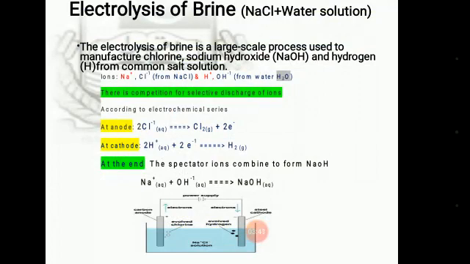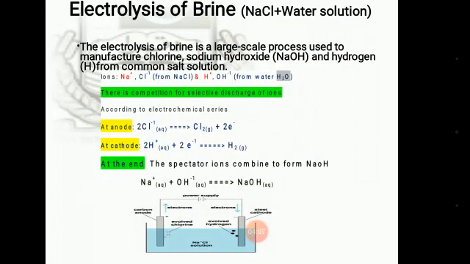The electrolysis of brine is a large scale process used to manufacture chlorine, sodium hydroxide and hydrogen gas from common salt. There are four ions: two ions from sodium chloride, sodium ion and chloride ion, and two ions from water, hydrogen ion and hydroxide ion.